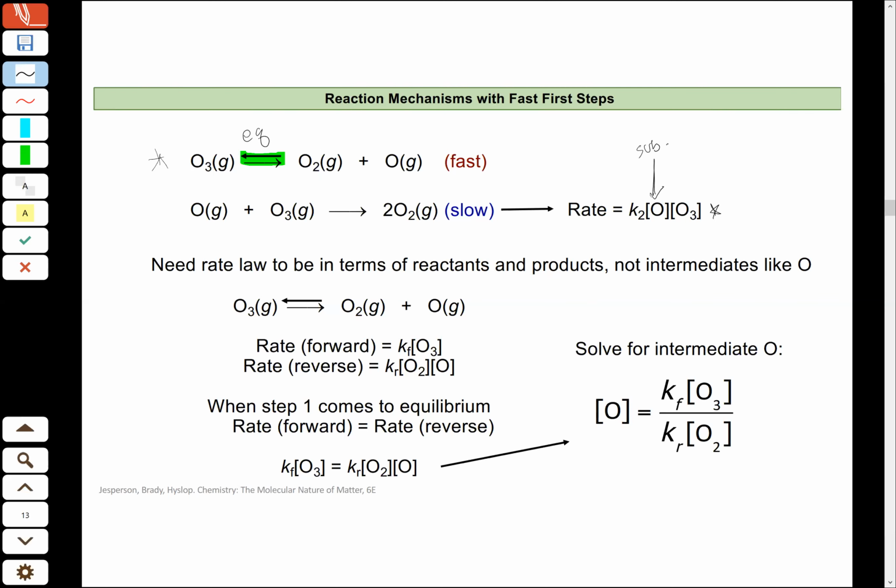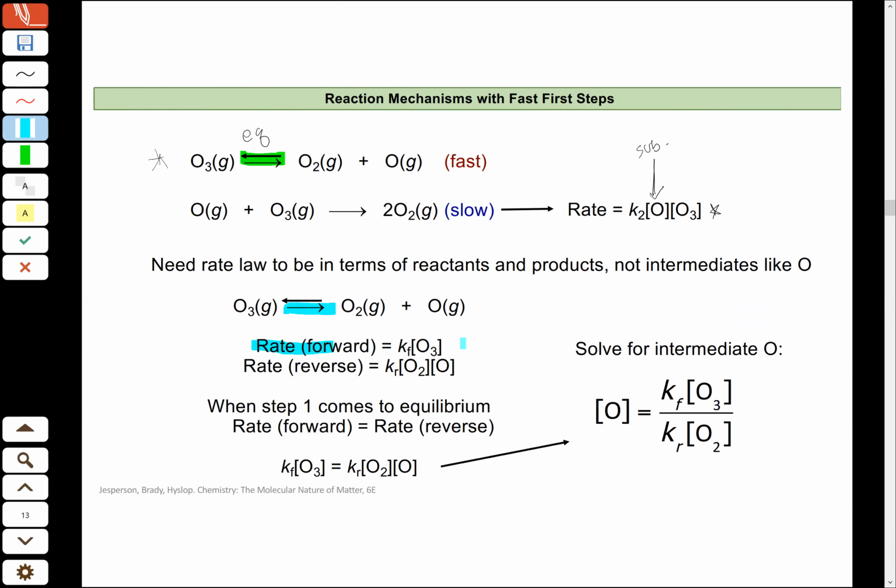And so at equilibrium for a chemical reaction, the forward reaction rate will be equal to the reverse reaction rate. So it's a reversible reaction. O3 is forming O2 plus O, but O plus O2 is also colliding and forming O3. And at equilibrium, the rates are the same. The concentrations will not be the same of all of our reactants, but the rate of the reactions will be the same. So because of that, we can make a rate law for the forward reaction right here.